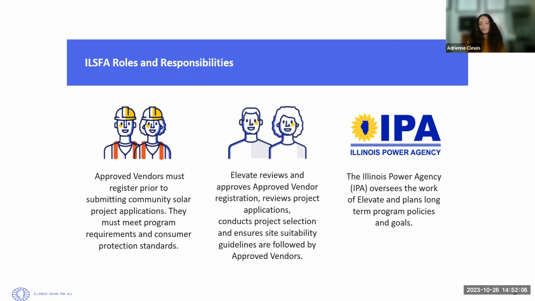So we really want to make sure that our customers do not come to harm while they're in this program, and that we have a process in place if we do encounter bad actors. Elevate is our program administrator, and they handle the day-to-day activities for ILSA. This includes approving vendors, reviewing project applications, and ensuring guidelines are followed by the AVs. And lastly, we have IPA, which oversees the work that Elevate is doing and plans long-term policies and goals for the program. Next slide.